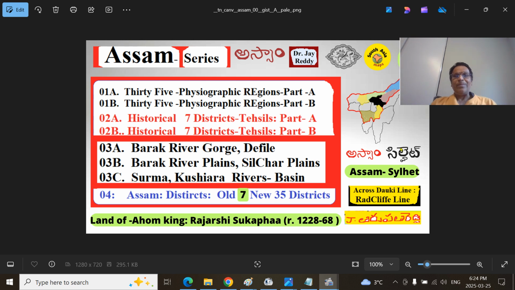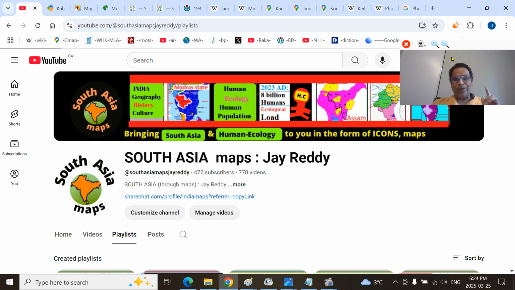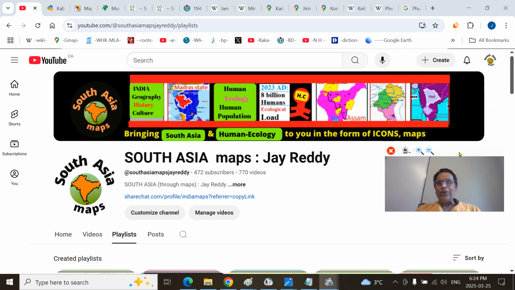Assam and Sylhet across the Dawki line, across the Radcliffe line, that is the ideological partition line, and we are in this Surma-Kushiyara River Basin.